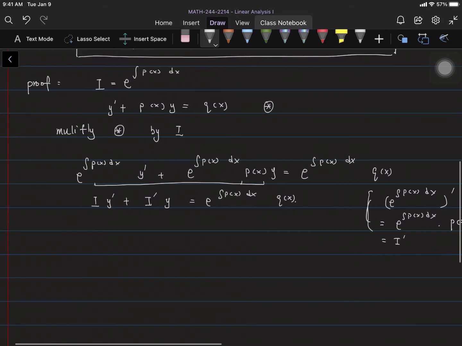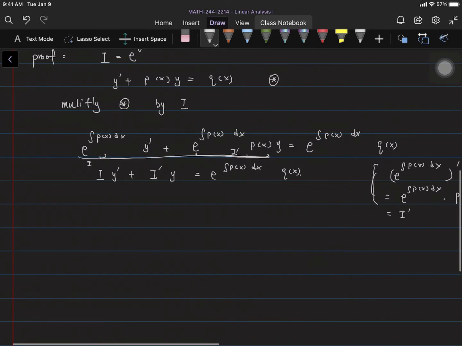This term is I prime, and this term is I. That's why we have I y prime plus I prime y. The left side is actually the product rule, f prime g plus f g prime. So we can combine them into just the derivative of I times y.